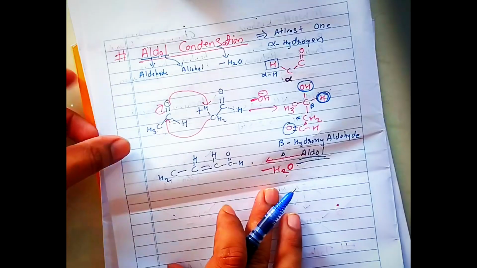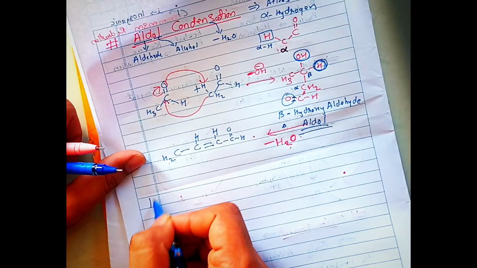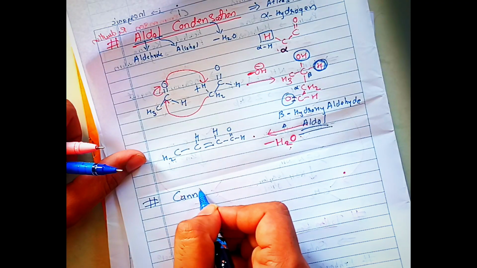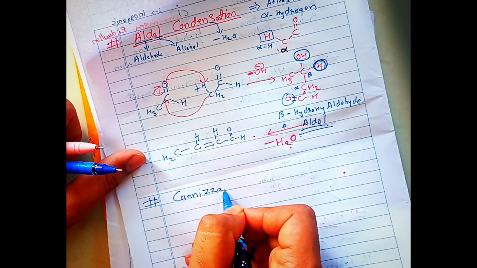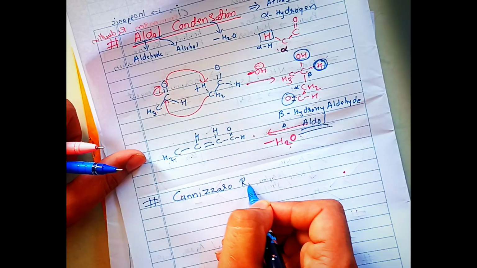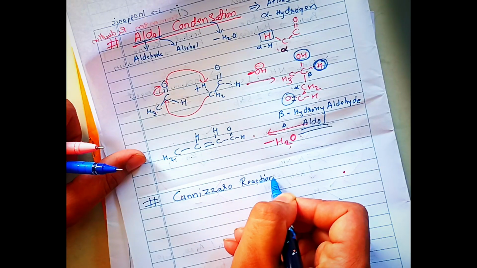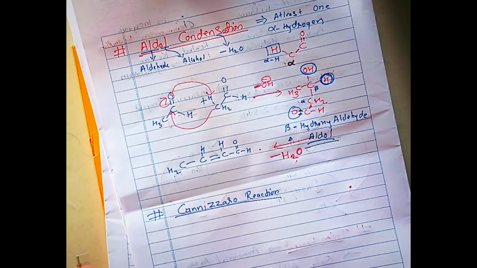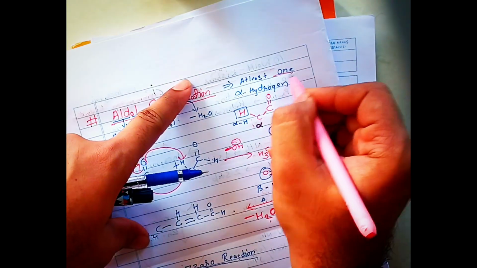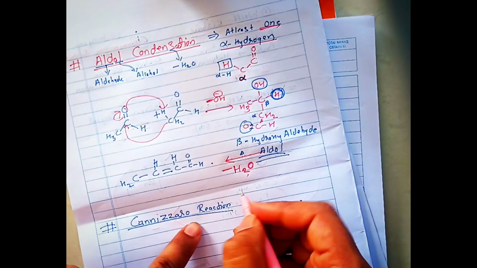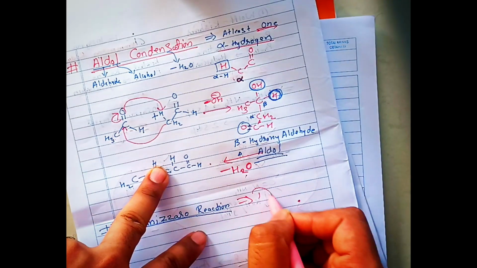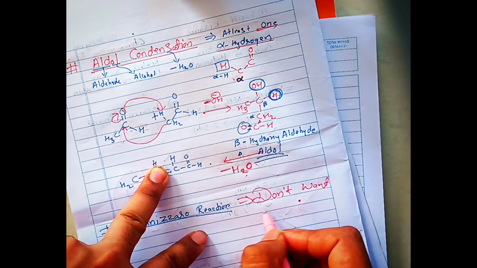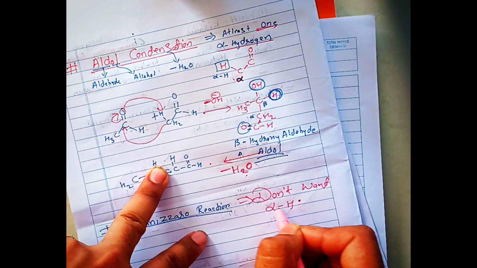Okay, then what is the Cannizzaro reaction? Next will be Cannizzaro's reaction. In the aldol reaction we want at least one alpha hydrogen, but here we don't want alpha hydrogen.